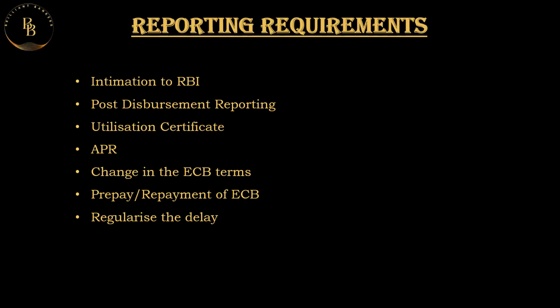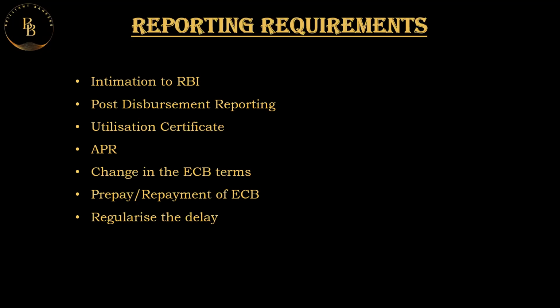The post disbursement reporting. After the disbursement of the ECB, the borrower is required to submit periodic reports to the RBI. These reports include details like the amount of ECB availed, the purpose for which it was availed, and information about the lender. Borrowers are required to submit a utilization certificate to the RBI through the authorized AD Category 1 bank within a period of 6 months from the date of disbursement of the ECB proceeds.